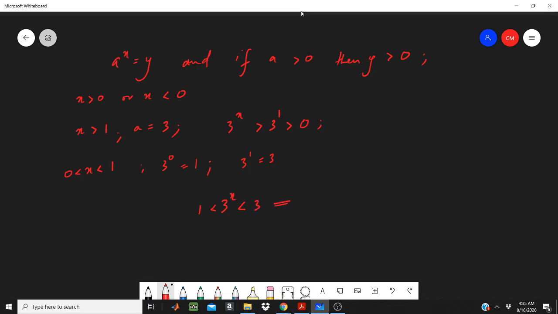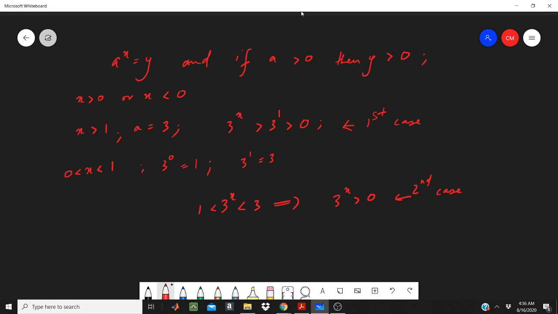In either case, we can see that 3 to the power x is greater than 0 again. So in our first case, 3 to the power of x was greater than 0. In our second case, 3 to the power of x is again greater than 0.